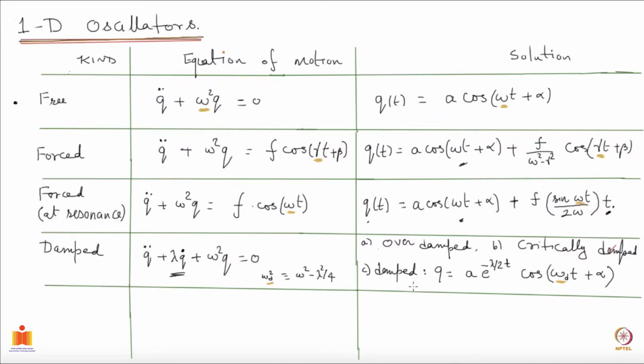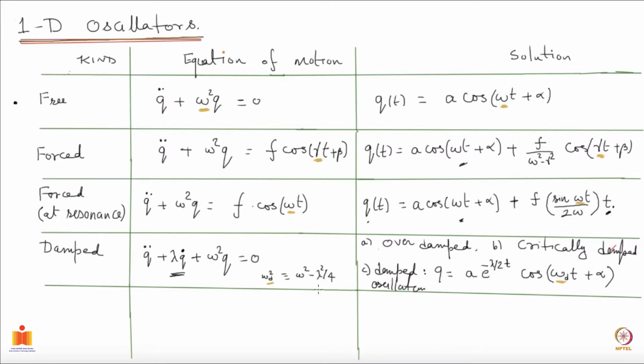And then there was another case which we call damped oscillations, where the solution has this form. So this is again not a periodic motion, but it is definitely oscillatory, and the oscillations have a frequency omega d, which is lesser than the natural frequency because lambda is positive here.